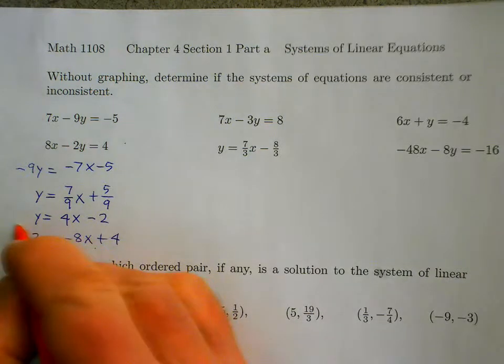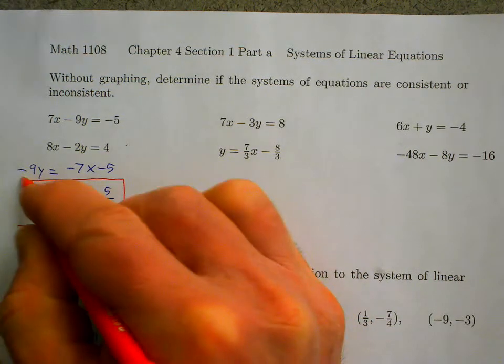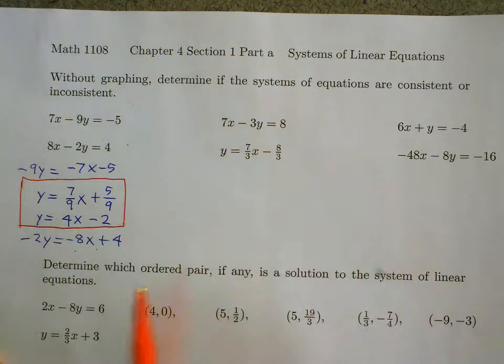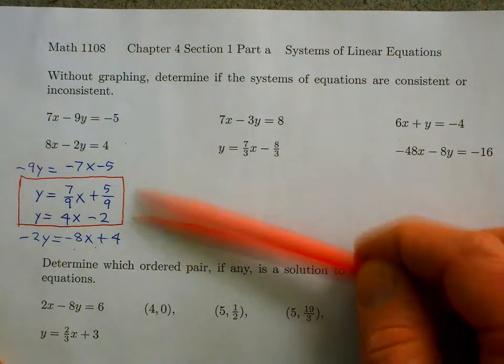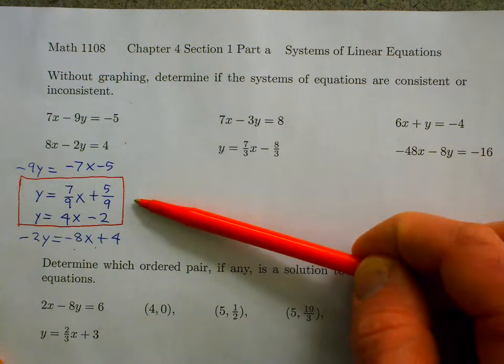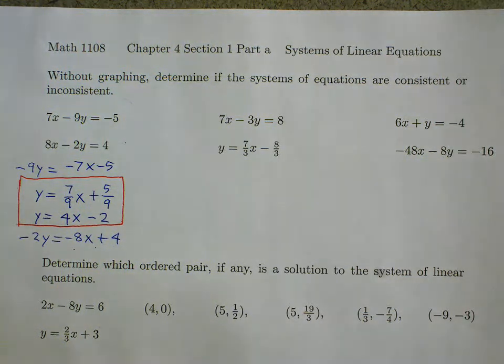Okay, so these are the same two lines, just now each of the equations in the system is written in slope-intercept form. So what kind of system is it? Is it consistent or inconsistent? Yeah, it's consistent.